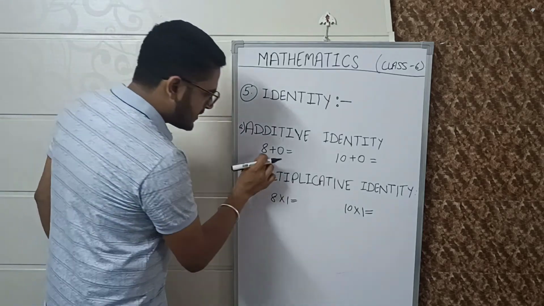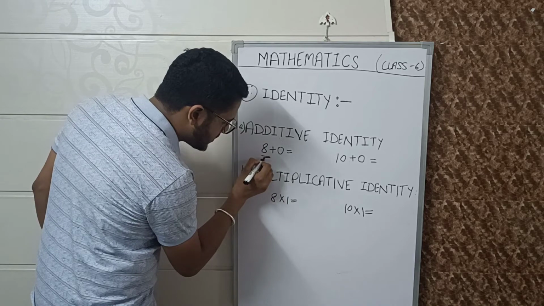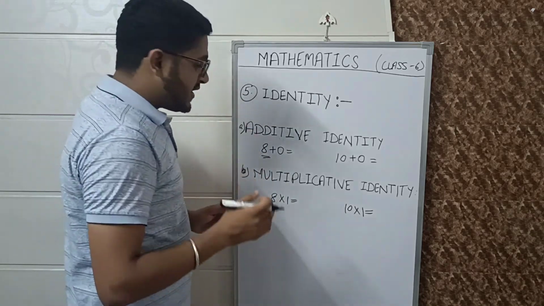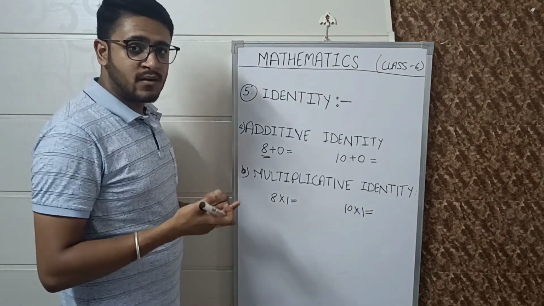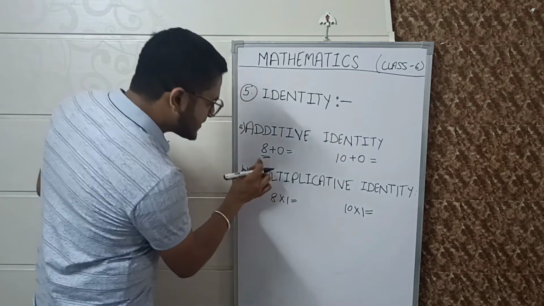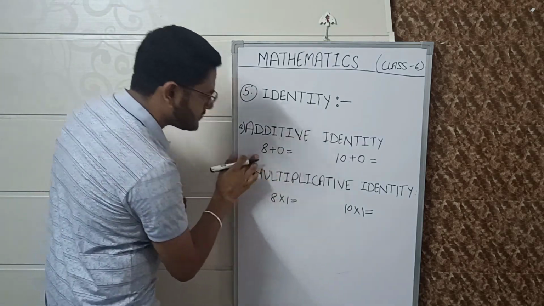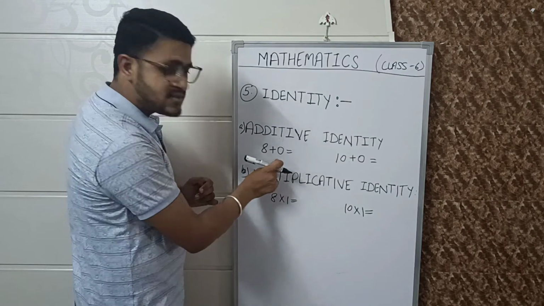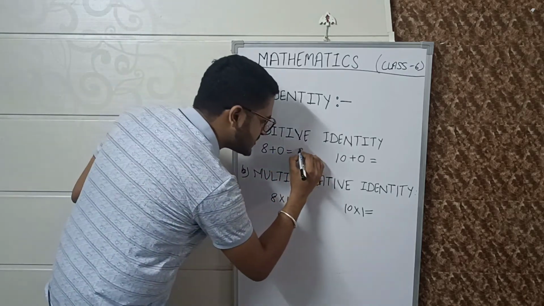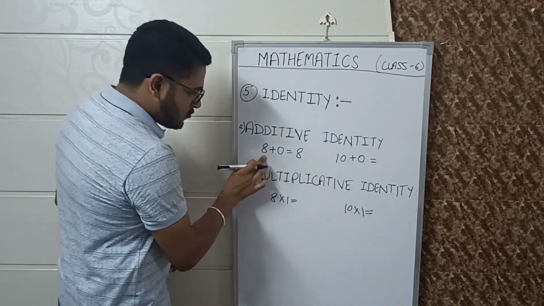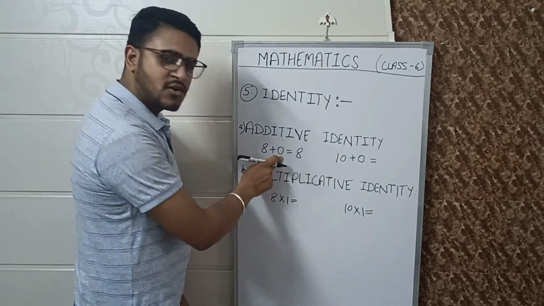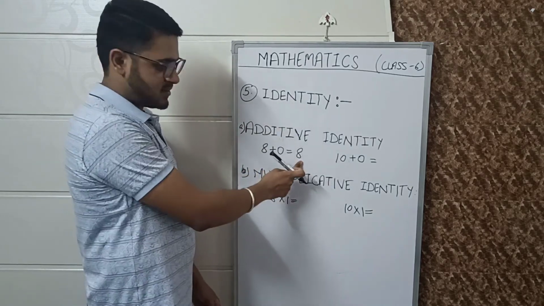For example, let's take the whole number 8. If we add 0 to 8, what will be the answer? 8. We added 0 to 8, and we got the same number.